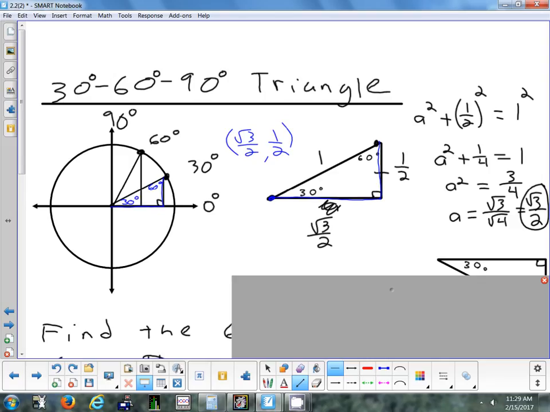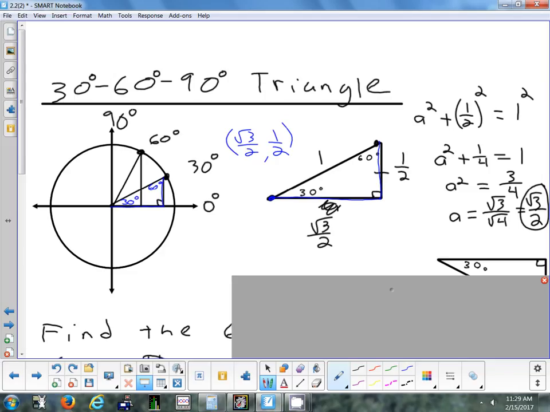Now, we don't need to go through all the work again. Does anybody see the connection between the triangle I just drew and the one I had before? Yep, Devin? You like flip it and then bring it down to the left, it's the same triangle? Yeah, these are the same triangle. The only difference between it is you've kind of like stood it up on the short side and maybe you flipped it.